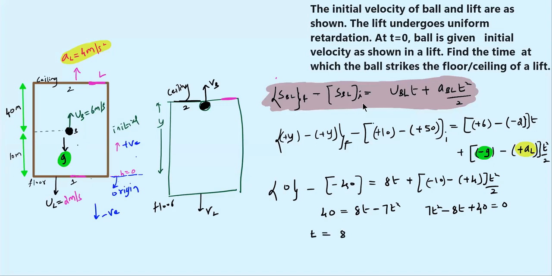This quadratic equation we will solve. t equals 8 plus or minus the square root of 8 square minus 4 into 7 into 40. I think time will be negative.